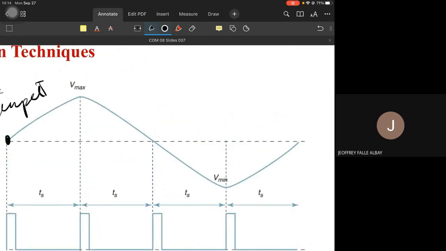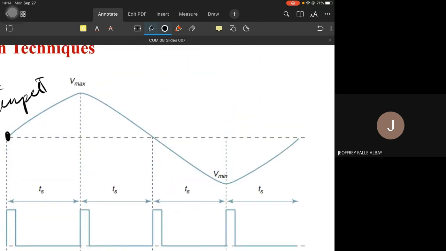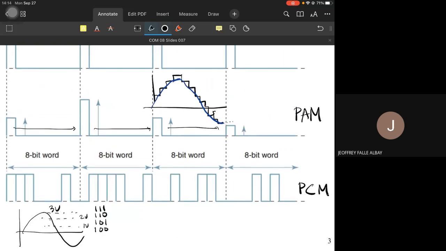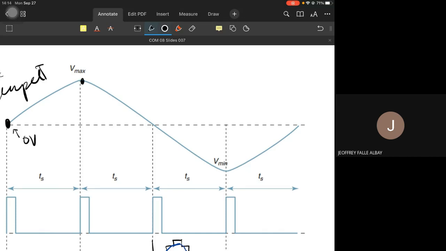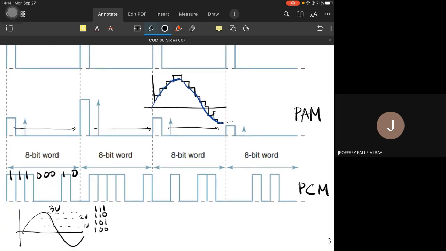For the first sample, the amplitude of 0 volts is assigned a code. Whereas VP, the positive peak value, is assigned the code 01111, let me count, 5, 6, 7, 8, so 01111001, and so on and so forth.